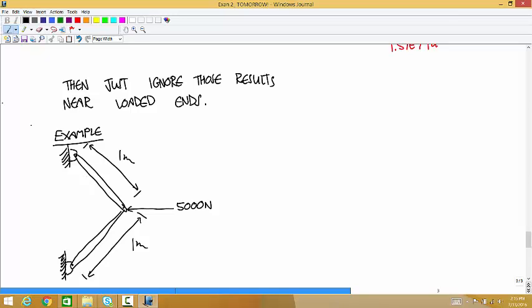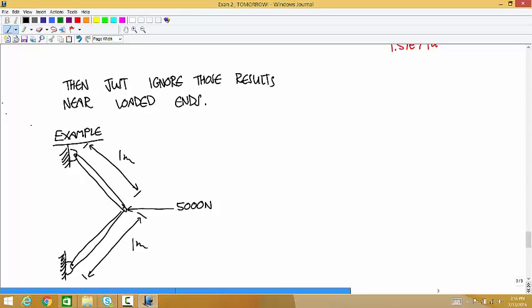Each of these two bodies is a two-force member. There's a force where it connects with the wall, and a force where they connect to each other at the pin and where that force is applied.